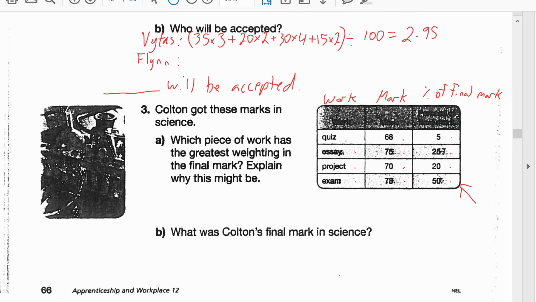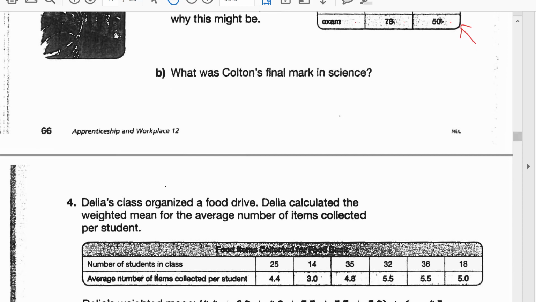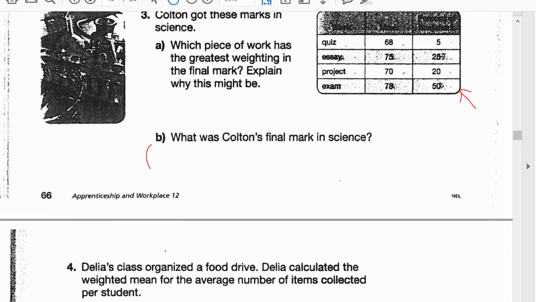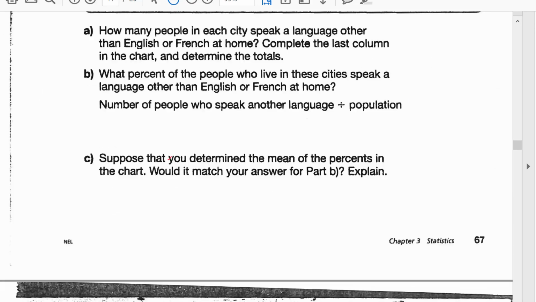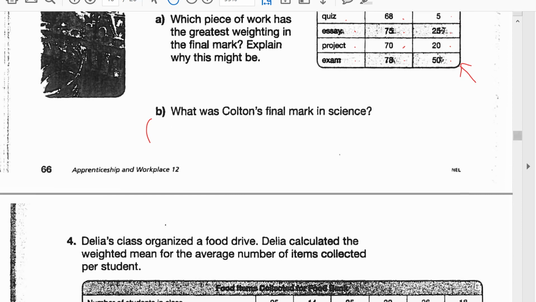Just like you did with who's going to be accepted, I'll start off the question. 5, oh no, went up ahead, sorry guys.